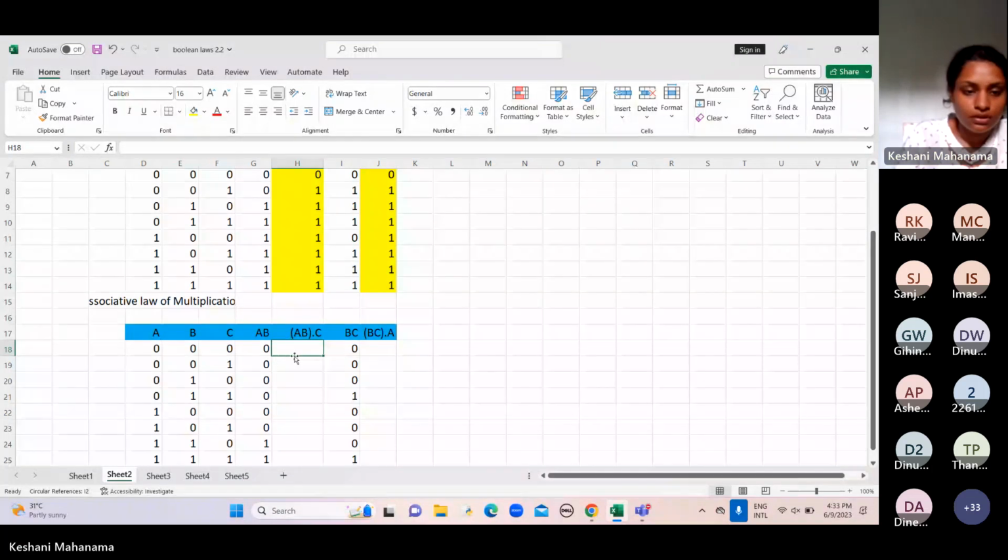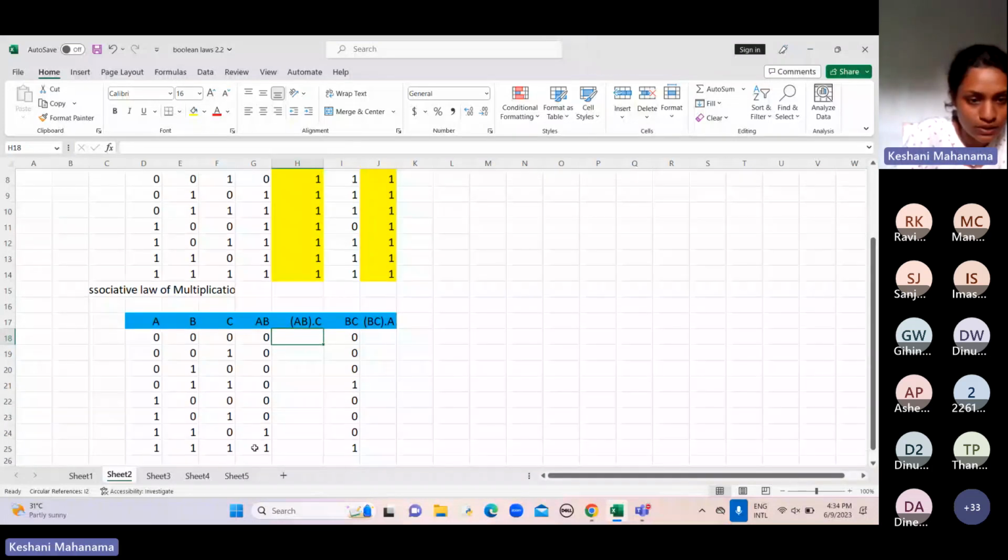So in this case, only when both inputs are equal to 1 is the output 1. In other cases, the inputs are different from each other.